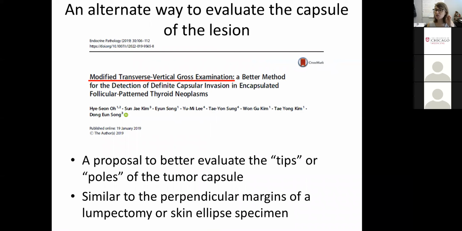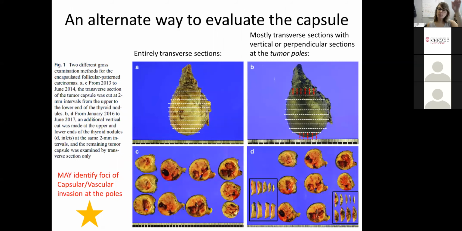An alternate way to evaluate these follicular neoplasms is a so-called modified transverse vertical, all right? So what does this mean? This is a proposal to better evaluate the tips or the poles of that capsule, similar to perpendicular margins of a lumpectomy, etc. In our normal processing, we just do 100% transverse top to bottom, okay?